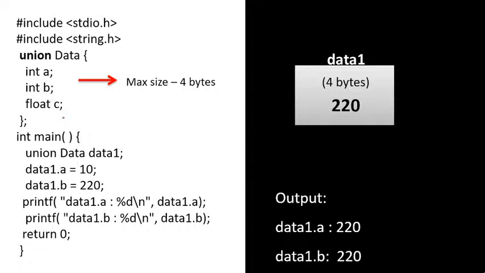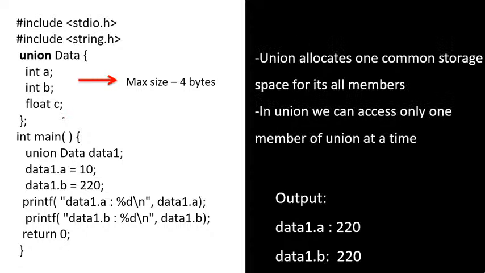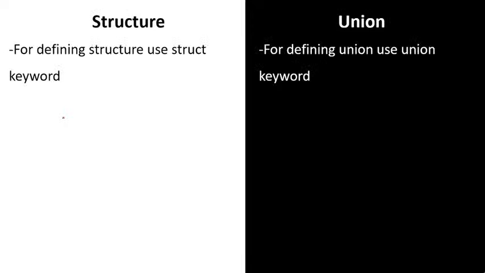B is assigned 220. Data1 is my structure variable. So if I have a different structure variable, the value will not be the same, correct? Similarly, I cannot assign values directly in a union also. For member variables, you cannot assign value directly.